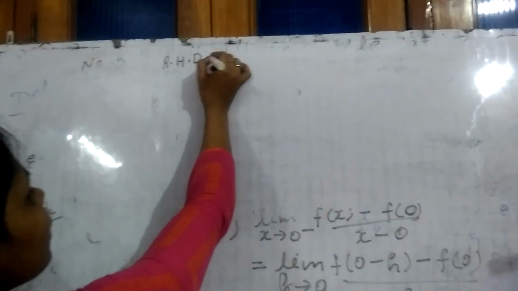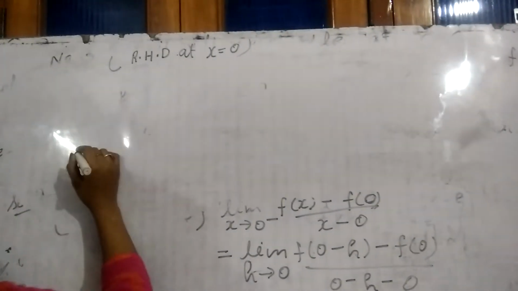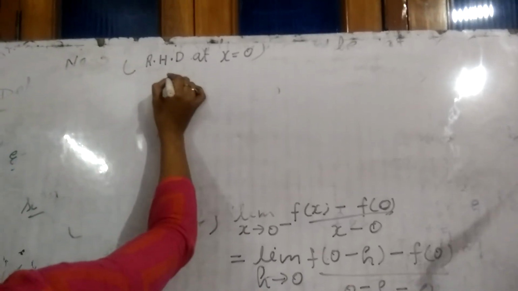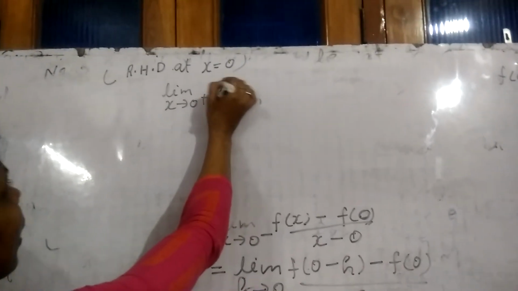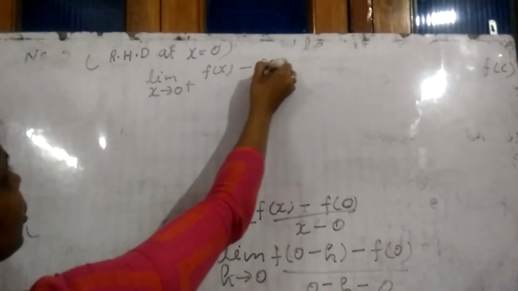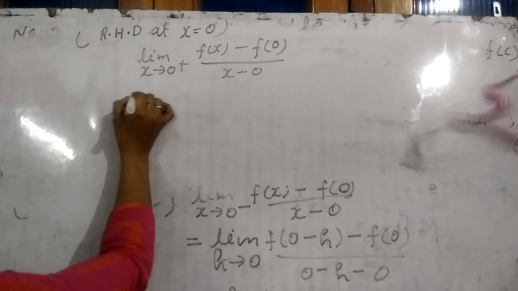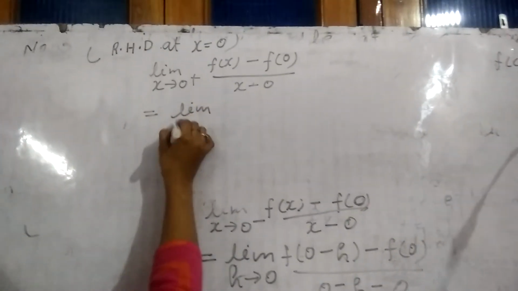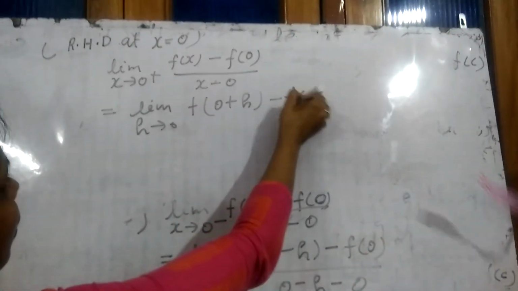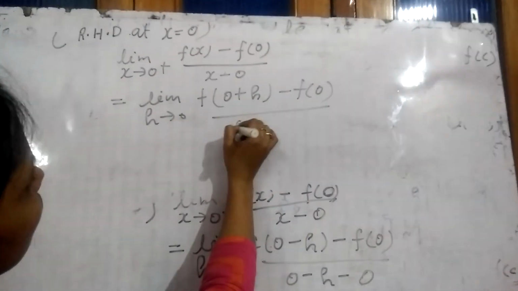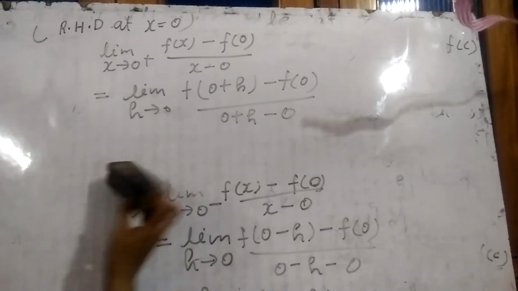The right hand derivative at x = 0 is the limit as x tends to 0 plus of (f(x) - f(0)) upon (x - 0), which is equal to the limit as h tends to 0 of (f(0 + h) - f(0)) upon (0 + h - 0).